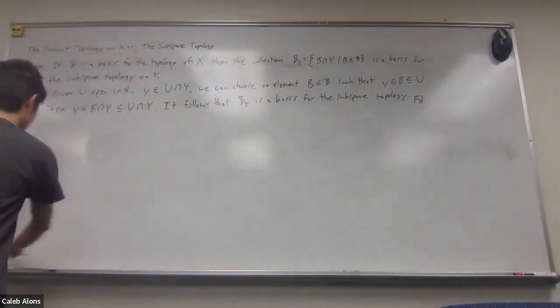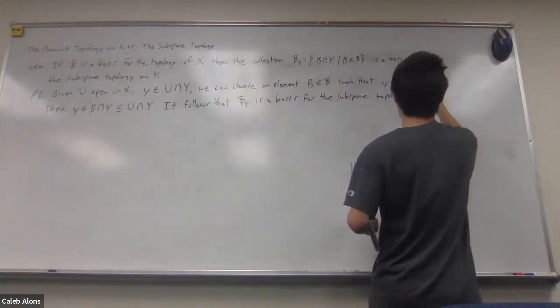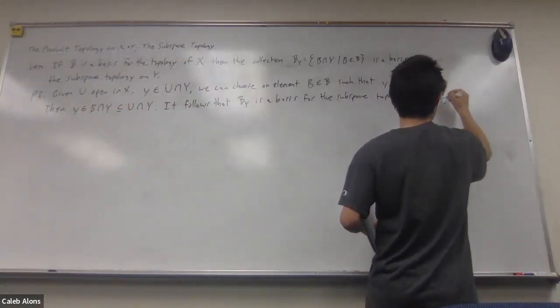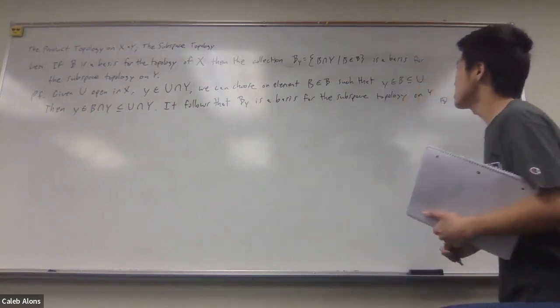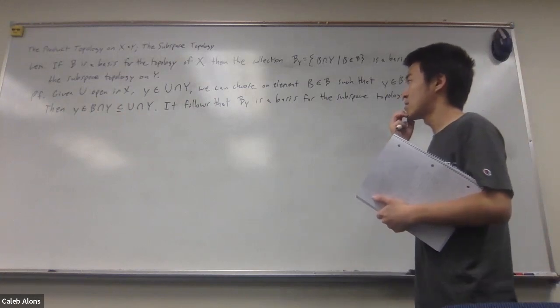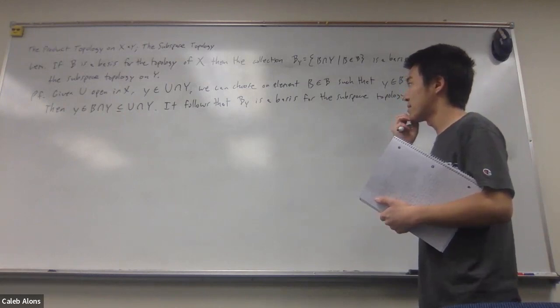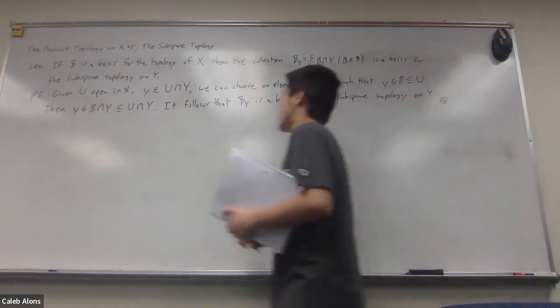So does U intersect Y have to be non-empty? Because at the very beginning we have little y is in the intersection. What if U and Y don't overlap? Oh, I see what you're saying.